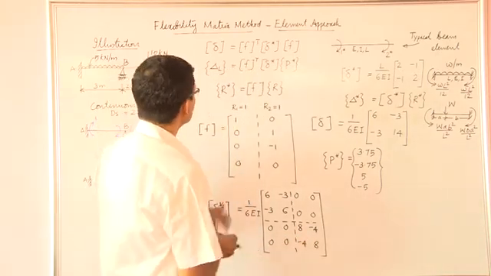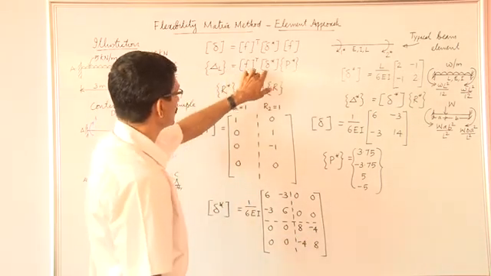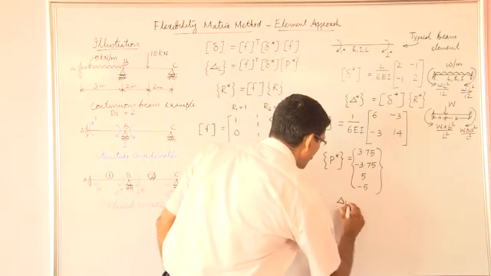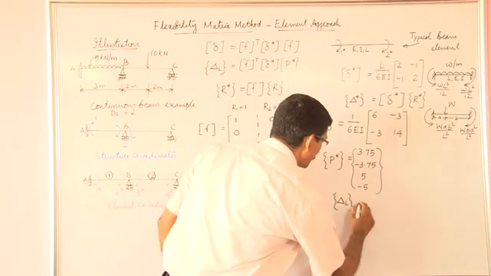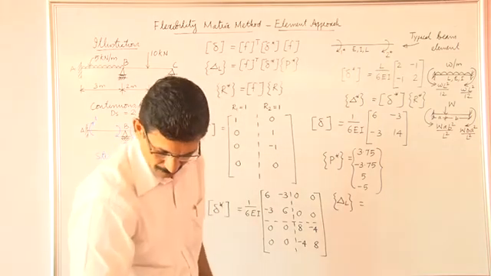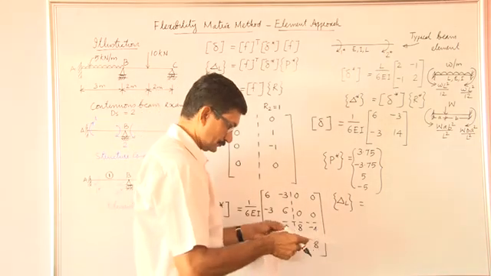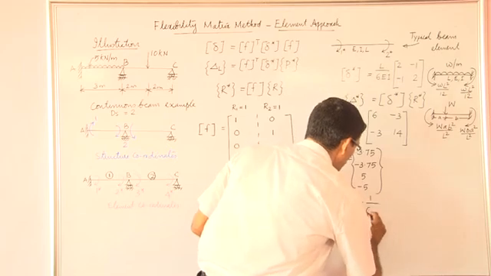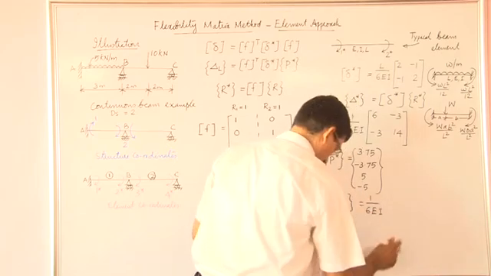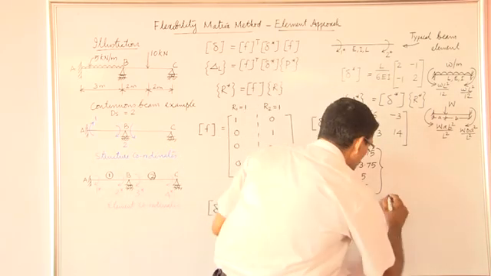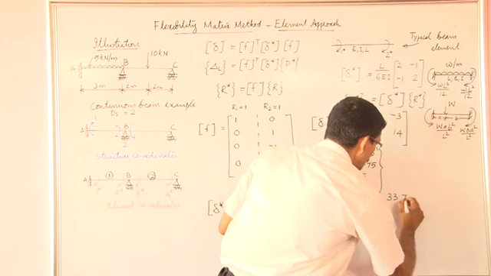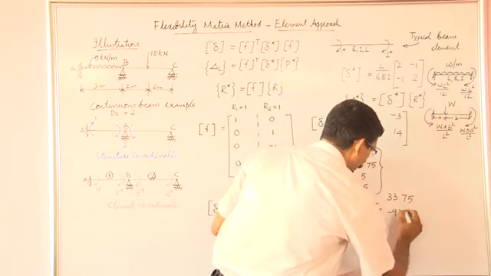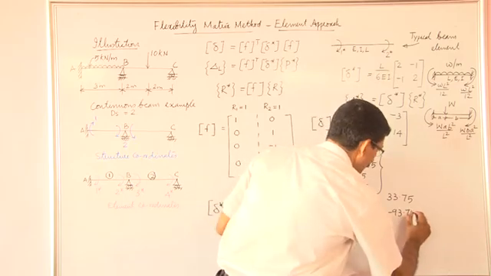Now, if you do this, delta L is equal to F transpose delta star P star, we are going to get 1/6 EI (33.75) here, and minus 93.75.